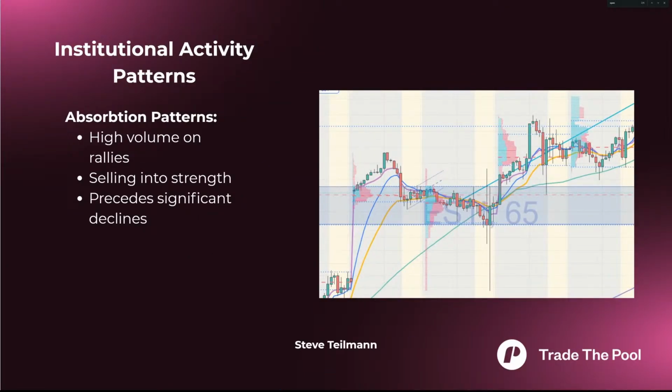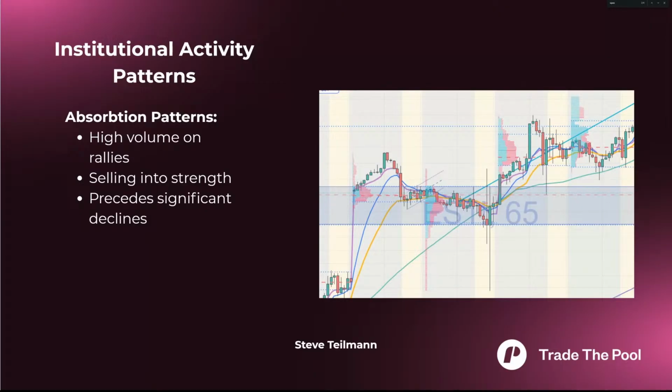I want to talk really quickly about institutional activity patterns and what absorption looks like. Absorption is going to look like high volume on rallies and selling into strength. This is some level where we have bid up into, and they're just going to be absorbing the bids, and it's going to have a really hard time pushing higher.